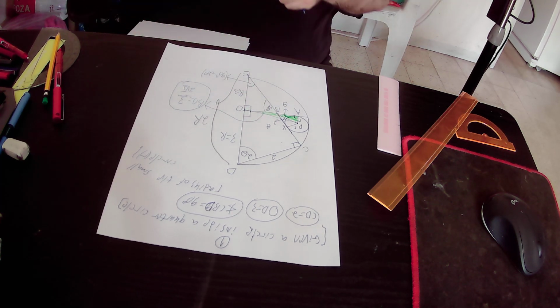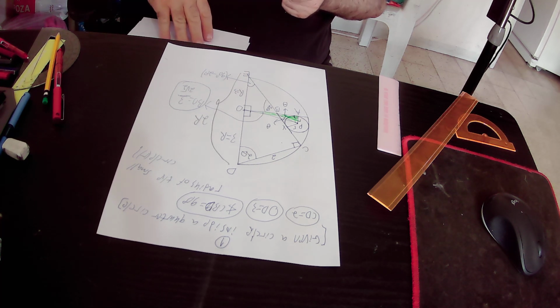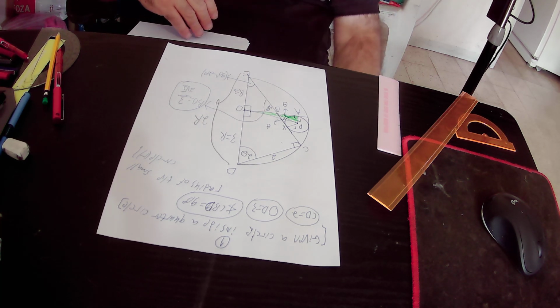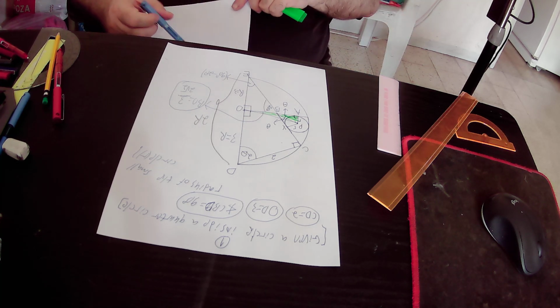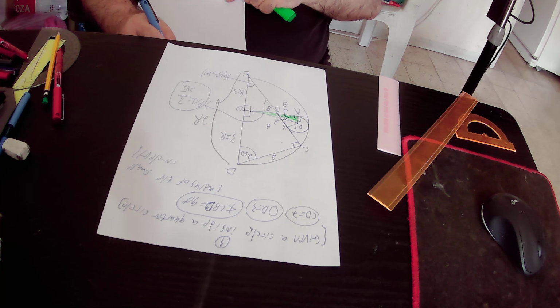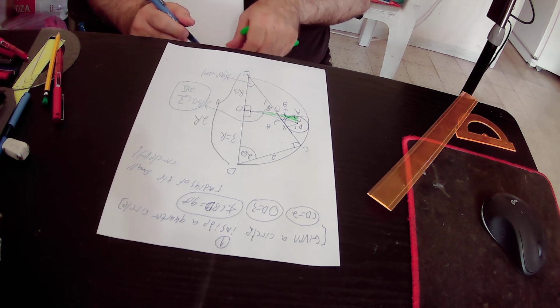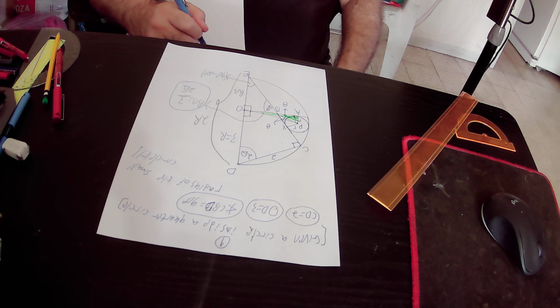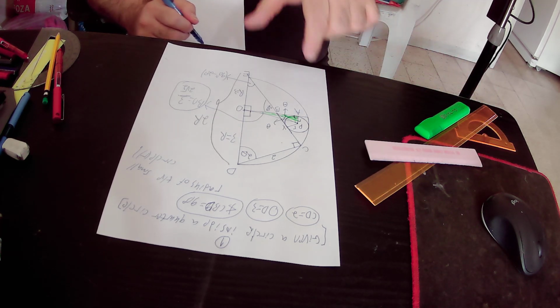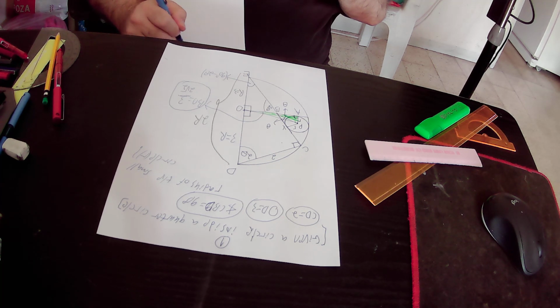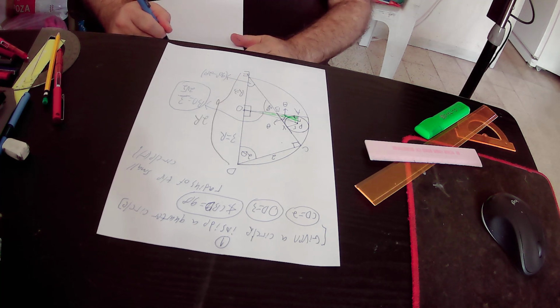In the right triangle APO, the square of the hypotenuse equals the sum of the squares of the perpendiculars, that is to say AP square plus AO square equals PO square.